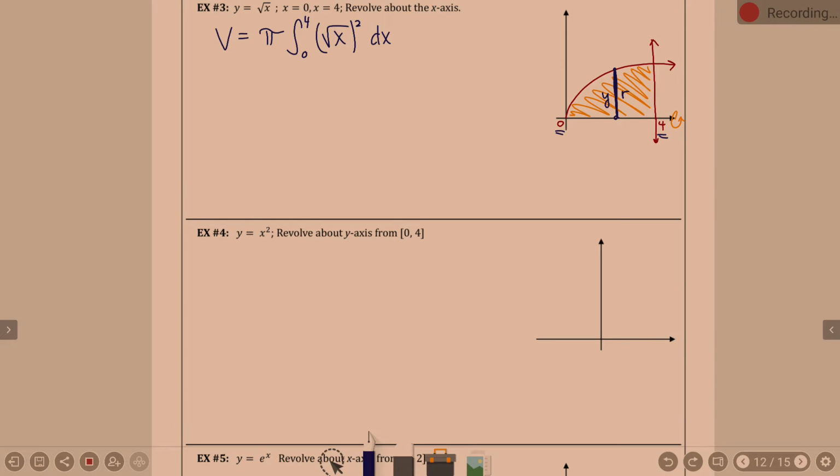Okay, are we okay with that setup? We've got the pi. We've got the radius squared, as that's our function squared. The height is our dx. And that's how we find the volume of a cylinder. Okay. So this is the same as doing pi times the integral from 0 to 4 of x dx, which does make the math nice and easy. Pi times 1/2 x squared, evaluated from 0 to 4.